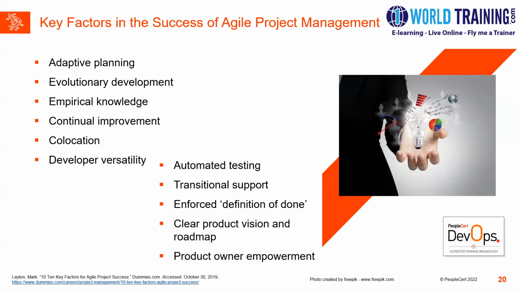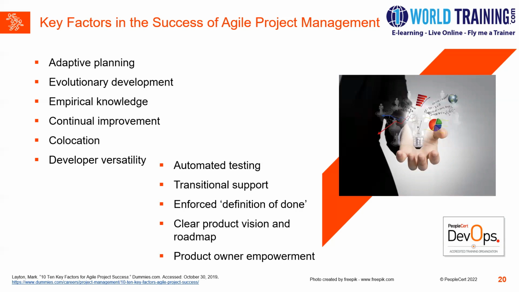Colocation, as we call out, is again an important key success factor. In agile, as the team size is small, the team members should be located in the same area. They should be working together so that in case of any coordination needs, concerns, or help, people should be able to walk to the desk and get the issue resolved faster.